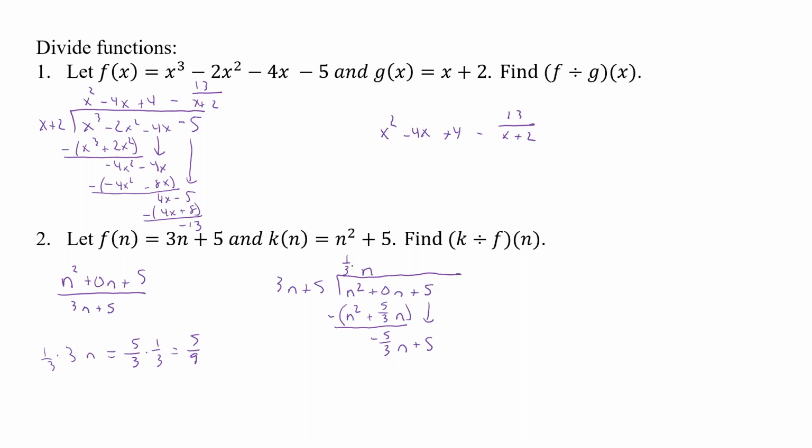And so now we say, okay, we need a minus 5/9 because we need that negative. Well, 5/9 times 3, the 3 will go into 9 3 times, so we have a minus 5/3 n. Now here, a minus 5/9 times a plus 5 is going to give us a minus 25/9.